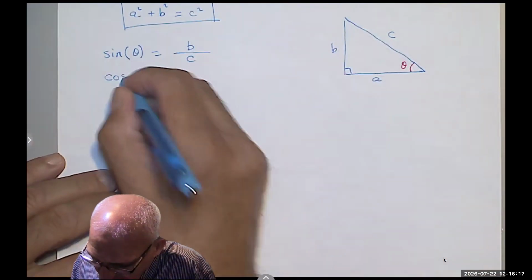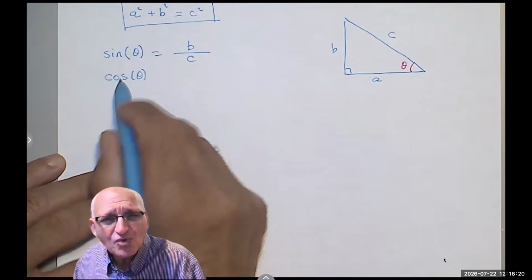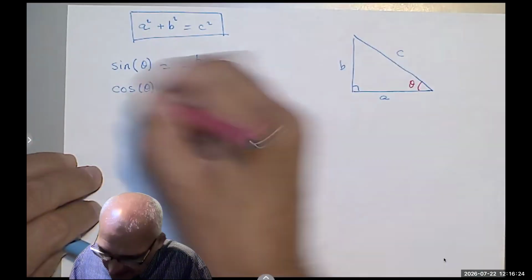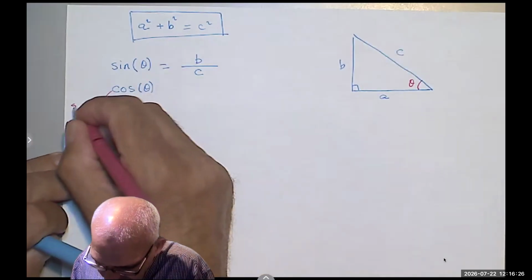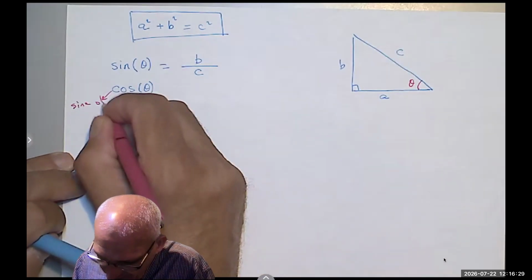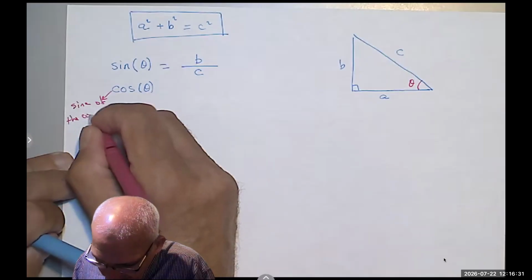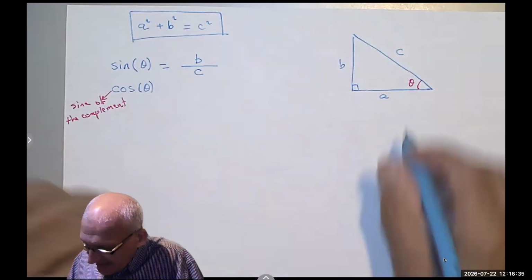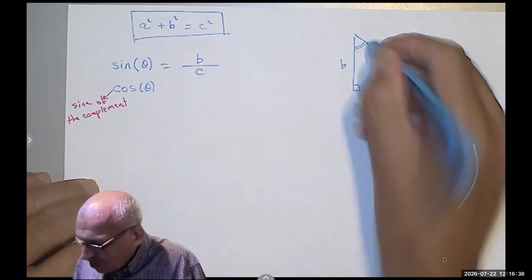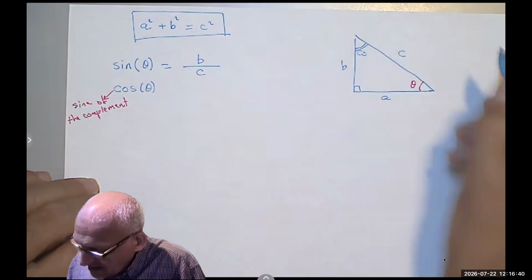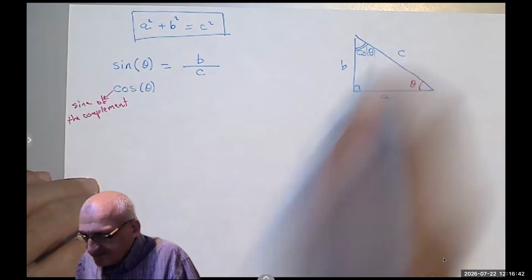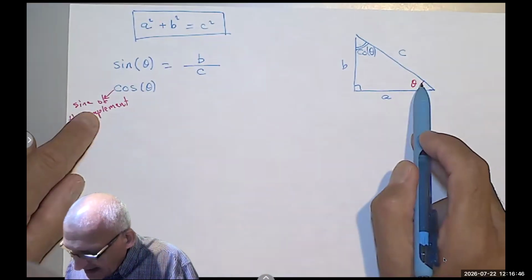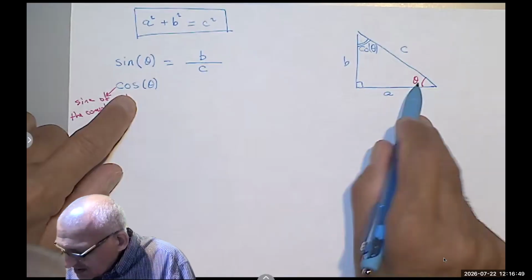The cosine, why do we call it cosine? If you break this word, it becomes the sine of the complement. And this angle is the complement of theta. So we call it cosine of theta. In other words, what is the cosine of theta?